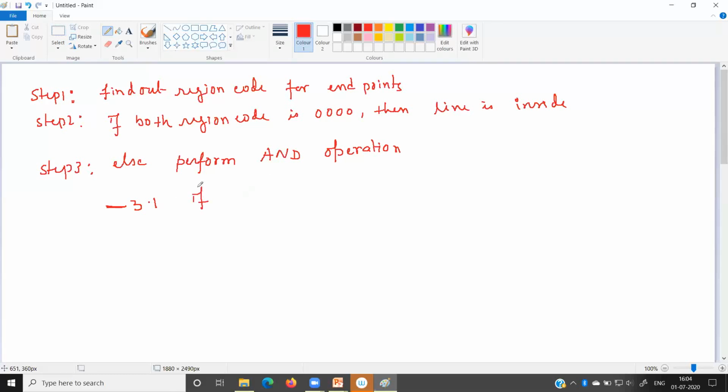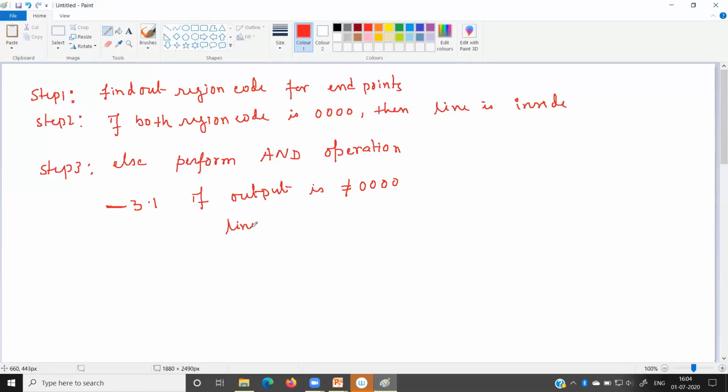If after performing the AND operation the output is not equal to 0, 0, 0, 0, what is the decision?